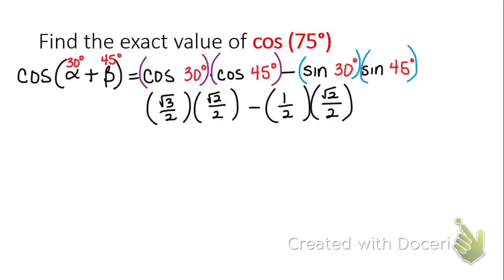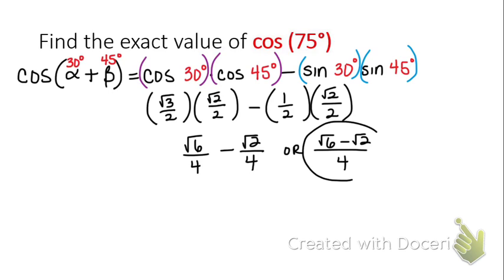So we end up having the square root of 6 over 4 minus, now when we multiply this across, we get the square root of 2 over 4. And because we have the same denominator, we can combine that and make one fraction. So this would be my final answer. That's the exact value of the cosine of 75 degrees.